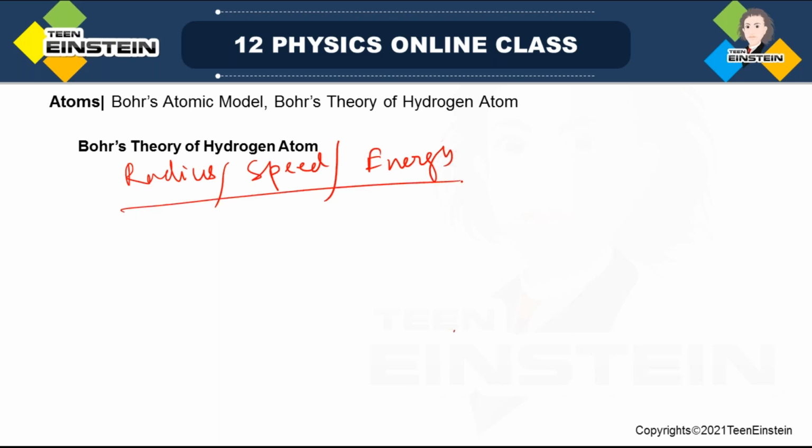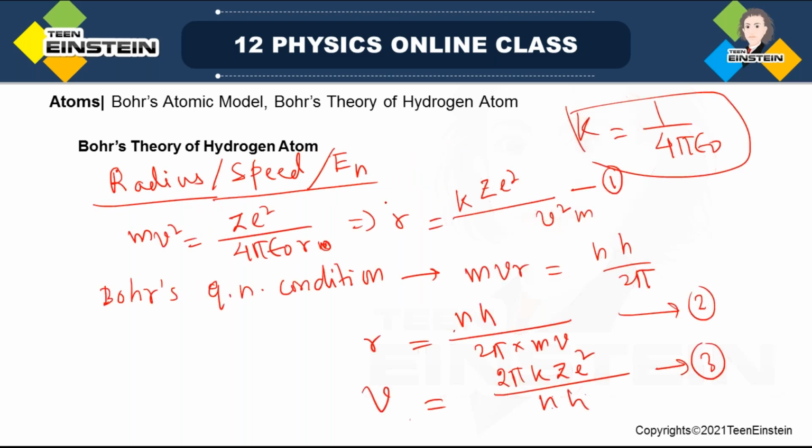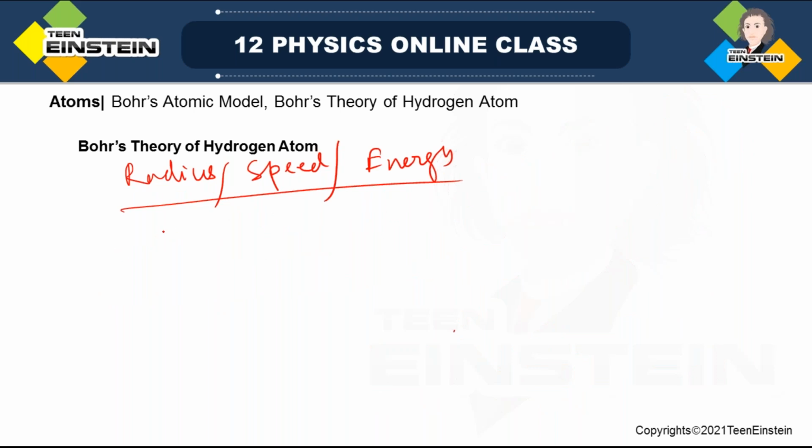Please be patient. We'll complete this and then end the class. So we have already got from equation number 1 this equation for radius, but where there is a speed over here. So if we write what is speed from equation 3, from equation 1 and 3, equation 1 was k z square by mv square.